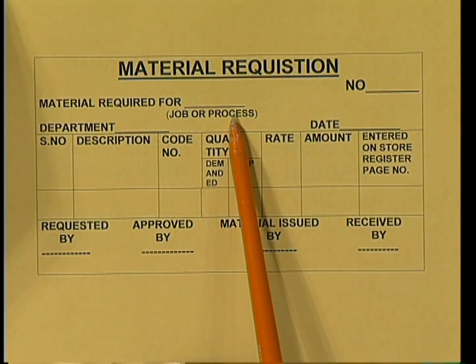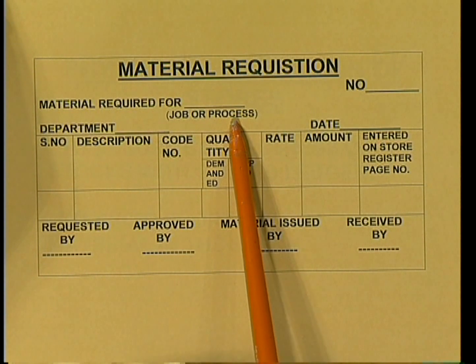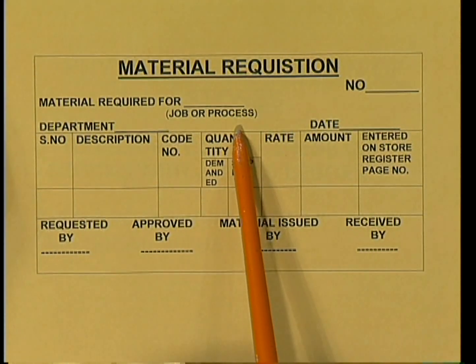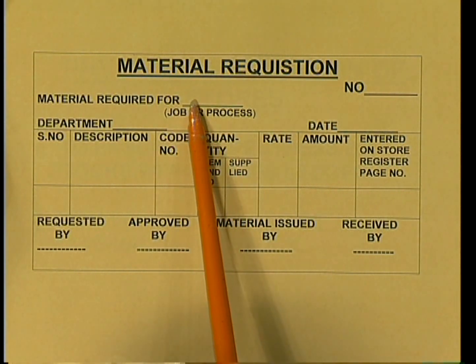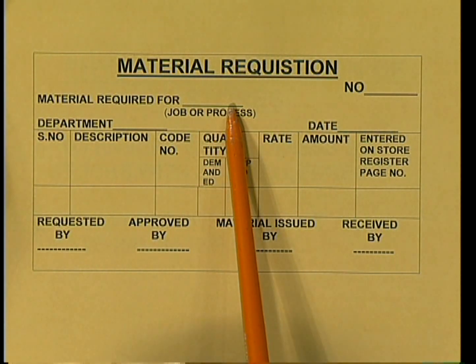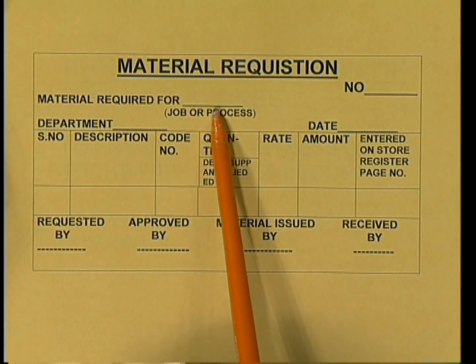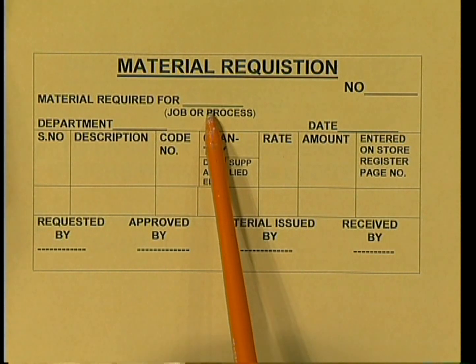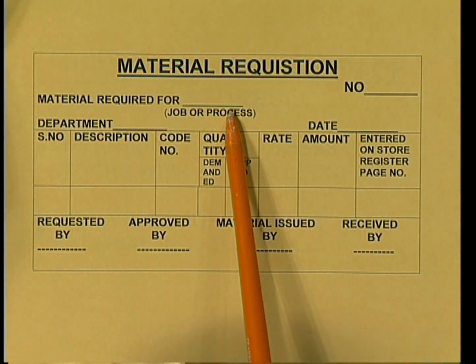Whether it is the production department or sales department or some other department, which department needs it will be written. Material required for production, whether it is job or process, it may be for manufacturing purpose, or say, for example, I want to take an oil for only servicing or maintenance of the machine, that we have to give here.